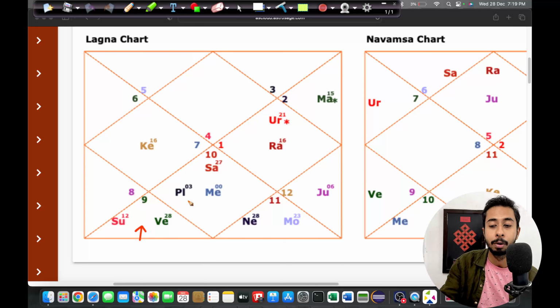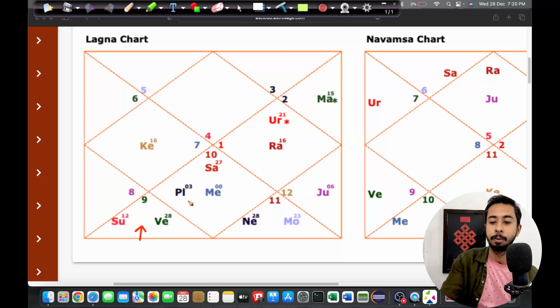So 10 is ruled by Saturn, and Saturn is sitting in its own house, or its own zodiac sign. That means your partners will be very hardworking, very truthful. That is the meaning.